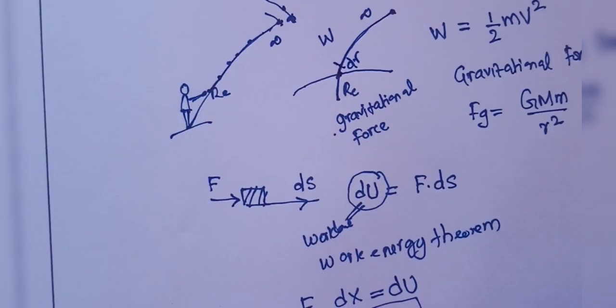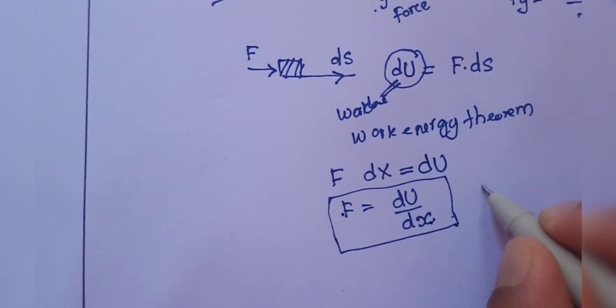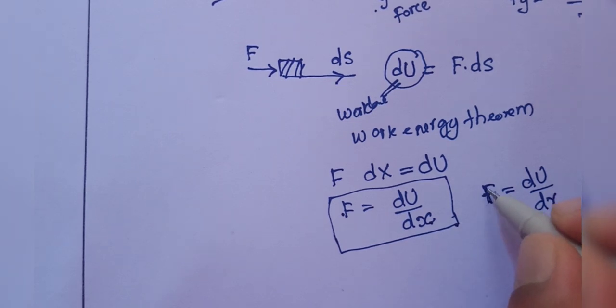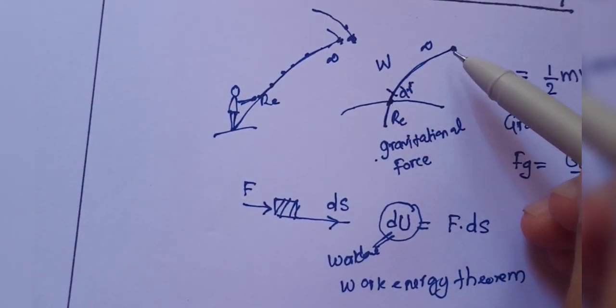So basically your dx is going to be changed to dr. Okay, so your expression will be like F is equal to dU by dr. Here U is actually the gravitational potential energy, F is the gravitational force, and dr is the elemental radius, a small distance which we have taken for integrating from this position to the infinite position.